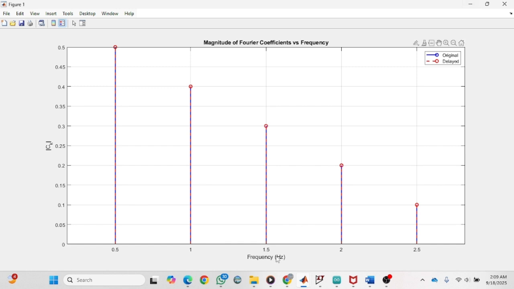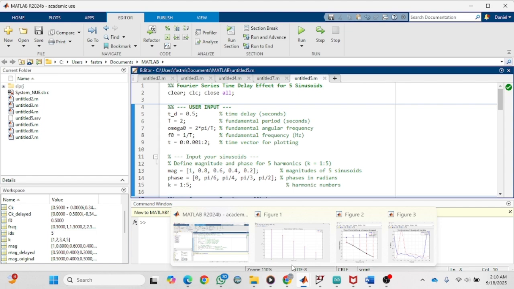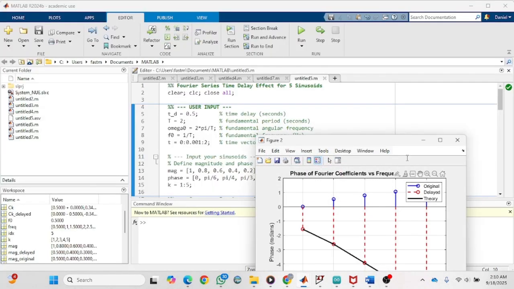I believe the fundamental frequency in this one was 0.5. Omega naught is 2 pi and T is 2, so you should be able to get the fundamental frequency from there. But anyway, let's see how the phase will look.